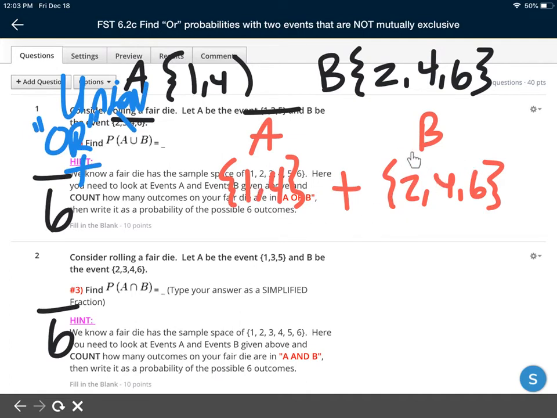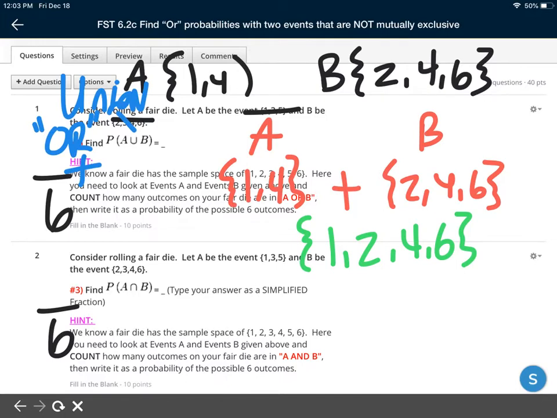So if you combine everything together and you write what the new set looks like, you're going to get something like this. The new set's going to be a combination of 1, 2, 4, and 6. Okay. So that's the way to look at it as set notation.